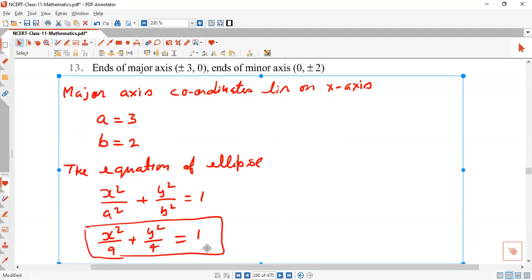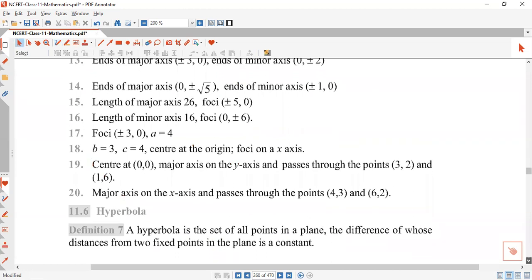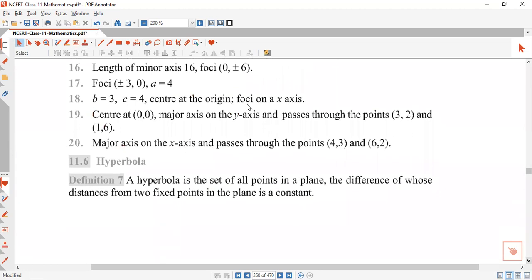So now, question number 16. Length of minor axis is given to you and foci are given to you.